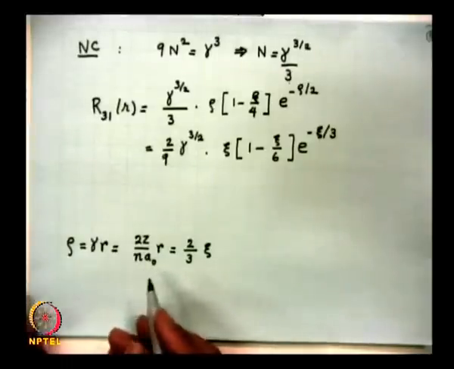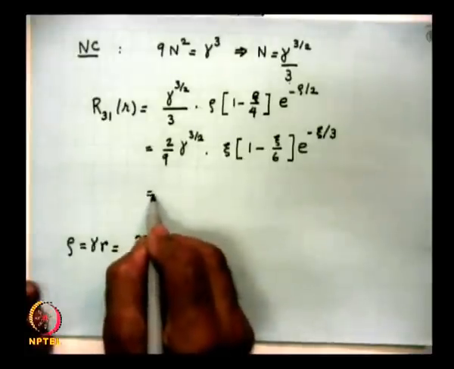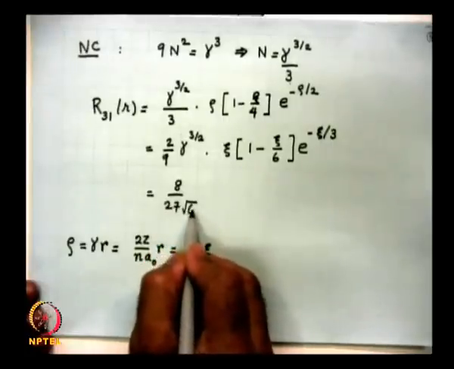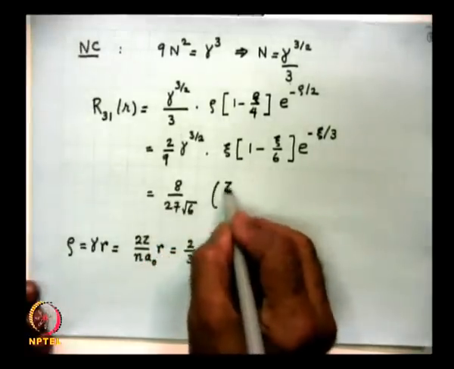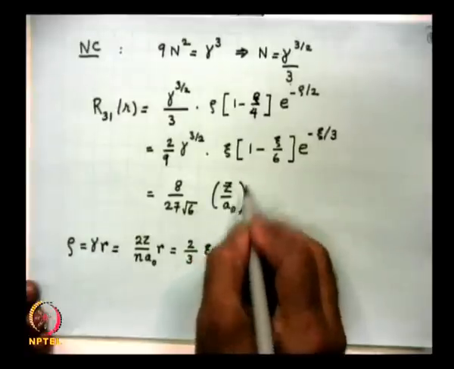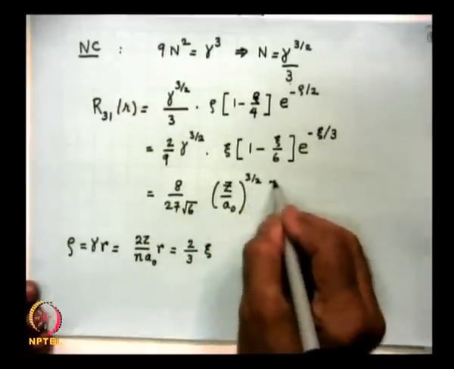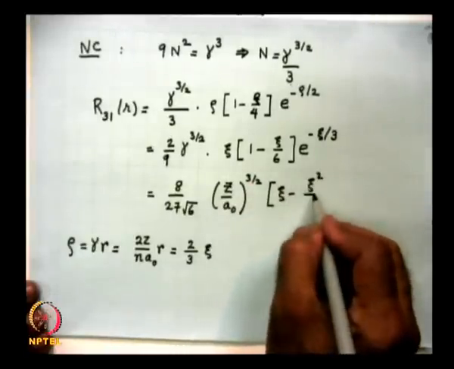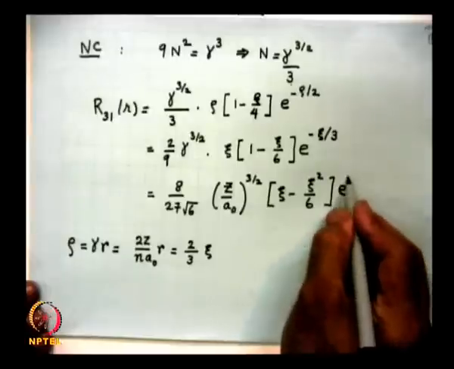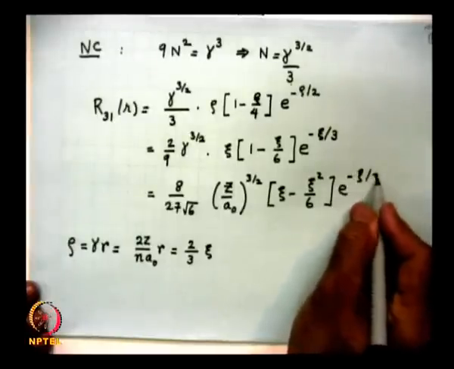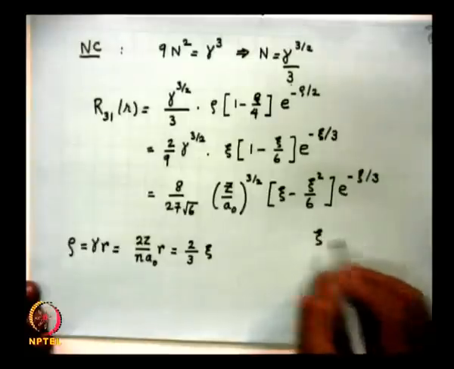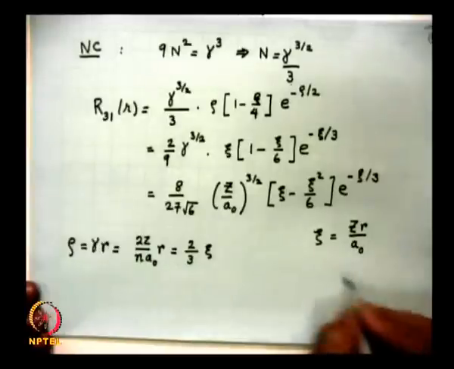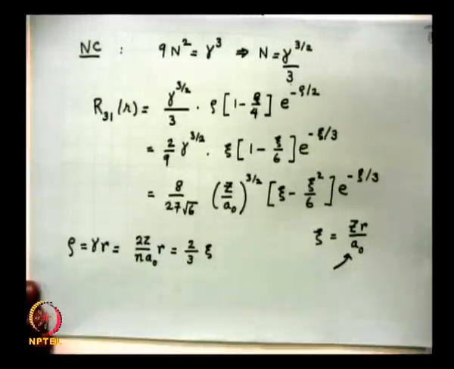If you finally substitute that, you will get with simple substitution 8 upon 27, I leave it as an exercise, z by a0 raised to the power of 3 by 2, xi minus xi square by 6 into e to the power of minus xi by 3, where xi is equal to z r by a0, and a0 is the Bohr radius.